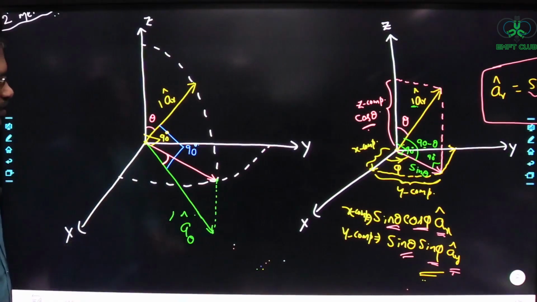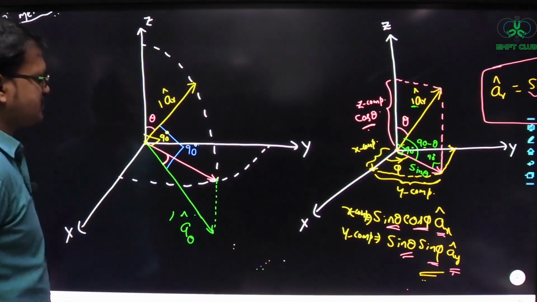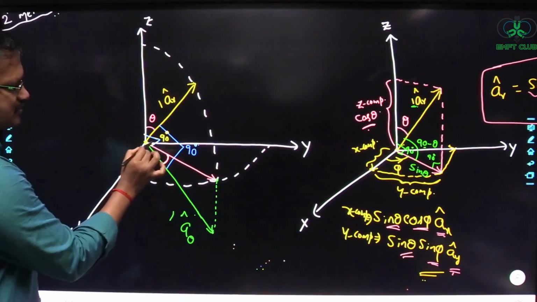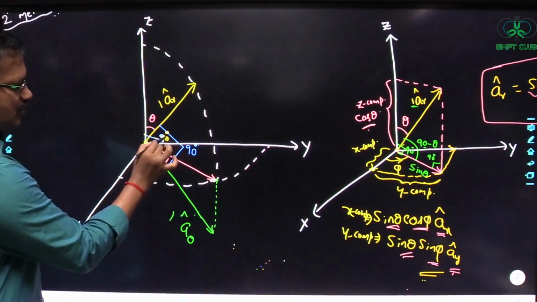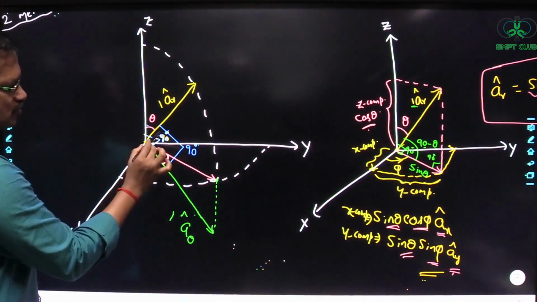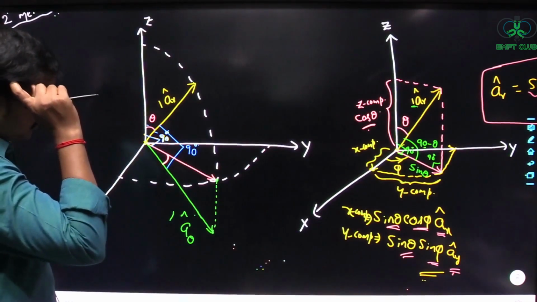So then what is this angle here? Tell me. See this total angle here, from here to here, the angle is 90 degrees. This angle is theta, so this angle will become 90 minus theta, right?